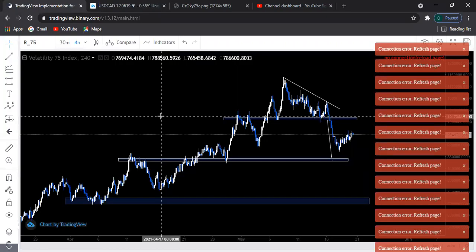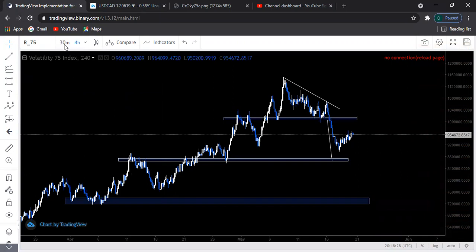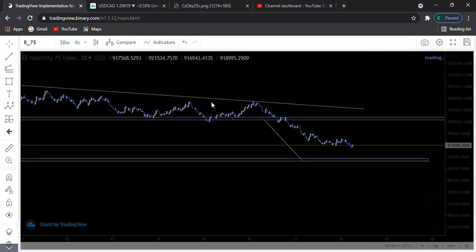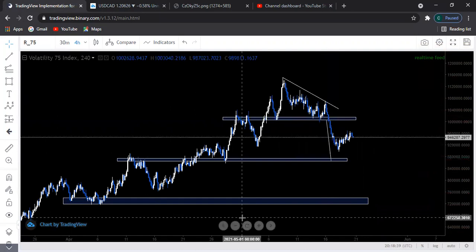So let's look into the Volatility 75 real quick. With Volatility 75, I did send this markup on the weekly breakdown on Sunday, that prices will be pushing low over here.